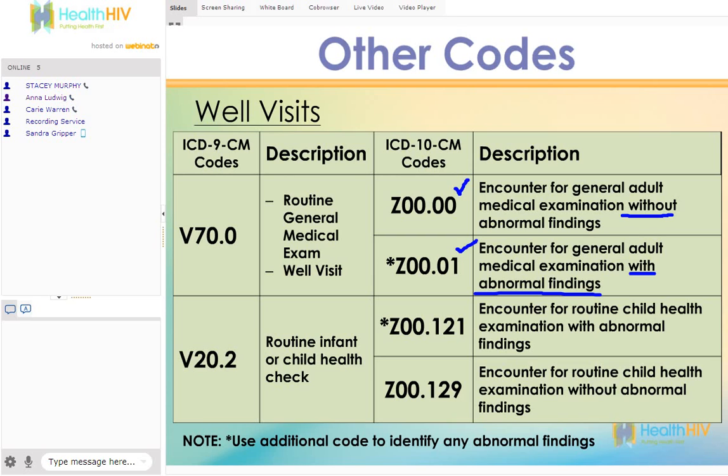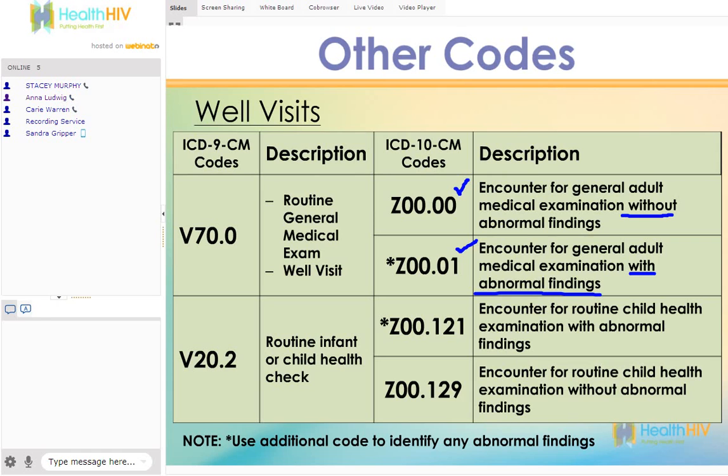The original intent of the codes when they came out, the code that denotes with abnormal findings, typically is reported when a physician examines a patient and there are lab or diagnostic tests that were ordered prior to the visit that the patient comes in for, and the physician physically has the results available and is discussing those with the patient.